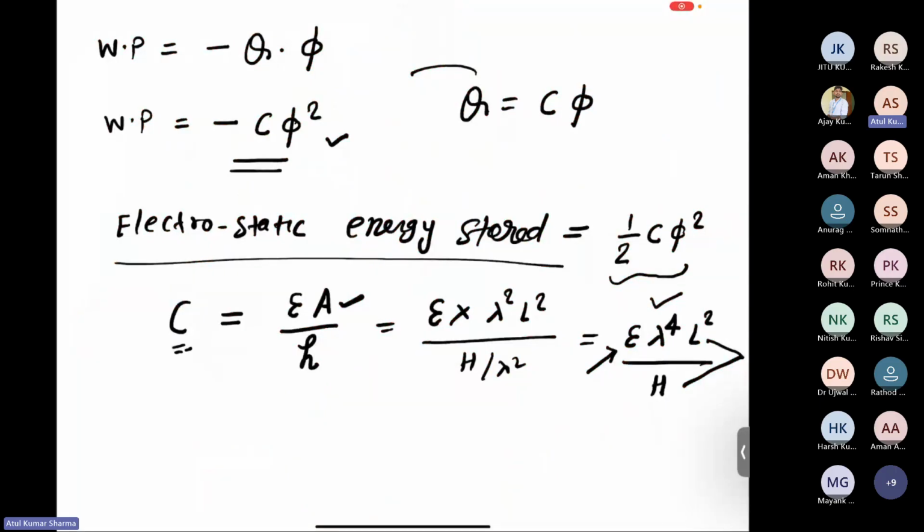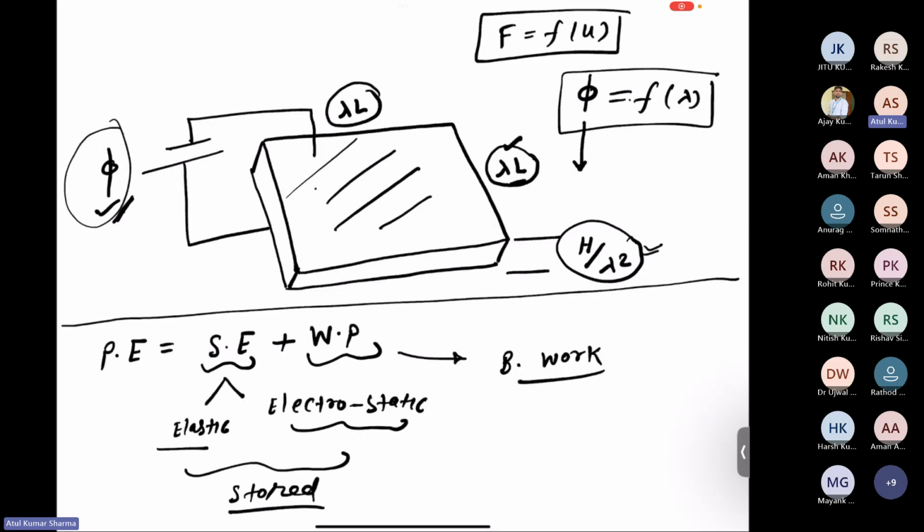Once you know C, you can write your work potential as well as the energy stored in the system. Here we need the sum of three quantities: elastic energy, electrostatic energy stored, plus work potential.